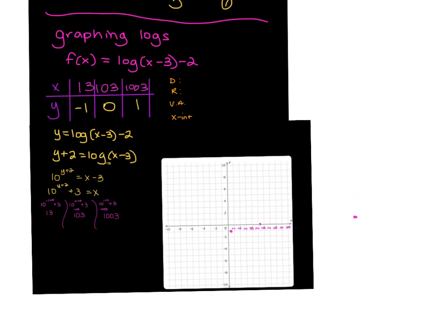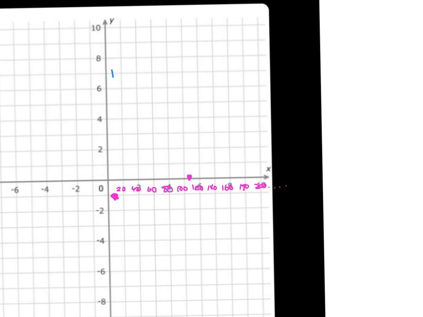So remember, the vertical asymptote comes from the parentheses with the log. If I set that equal to 0, I get my vertical asymptote, which would be x equals 3. The x equals is important. Without that, you're losing credit. So make sure it's a line, which means x equals 3. So that means that I've got a vertical asymptote somewhere over here, and my curve is doing something like that.